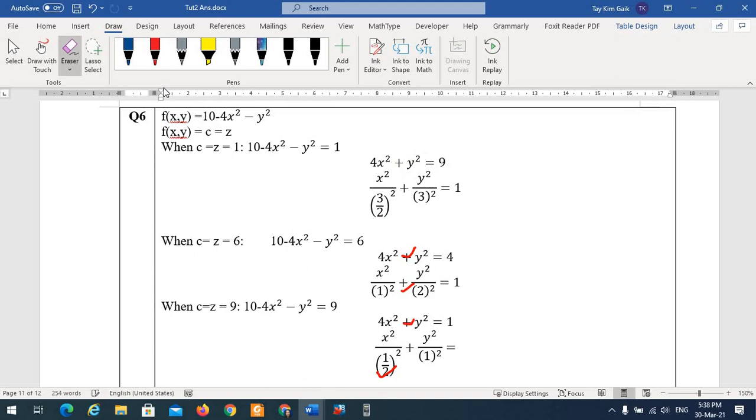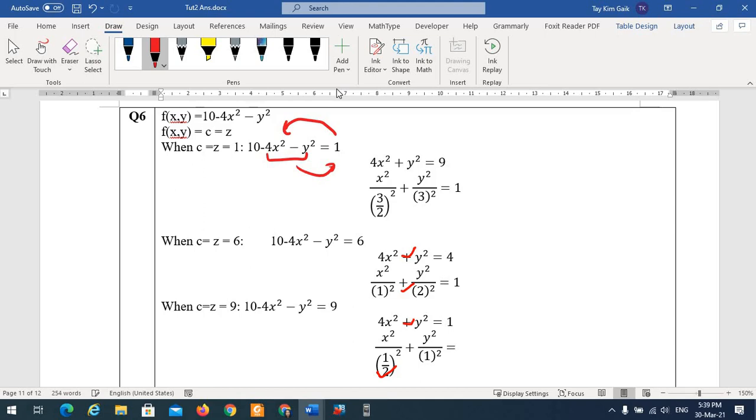So from here, 1 bring here, these two bring to the other side, so you get positive 4x squared plus y squared equal 10 minus 1 which is 9. Okay, this step is okay. 10 minus 1, 9, negative, bring to the other side positive.